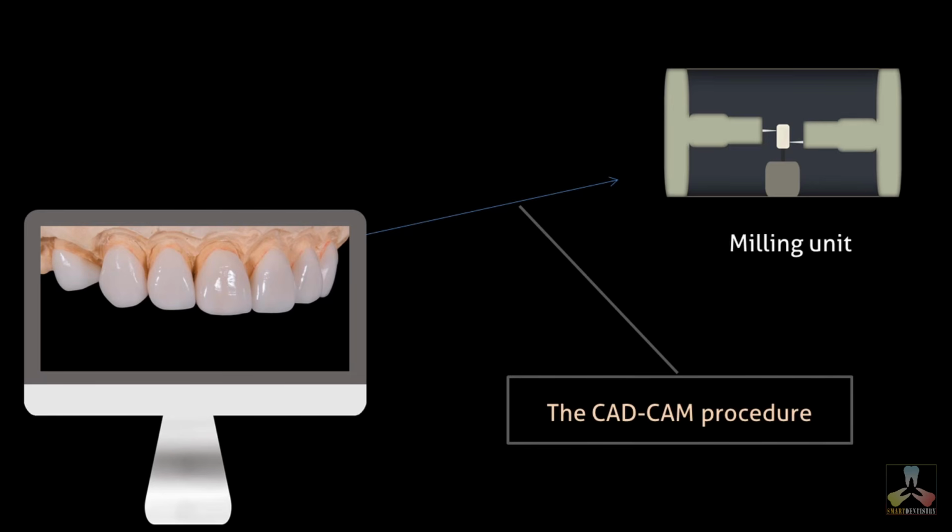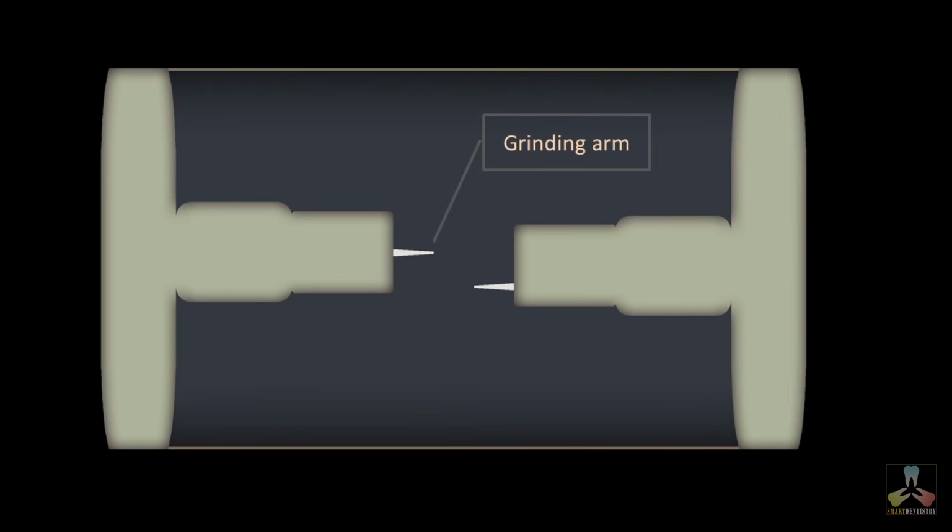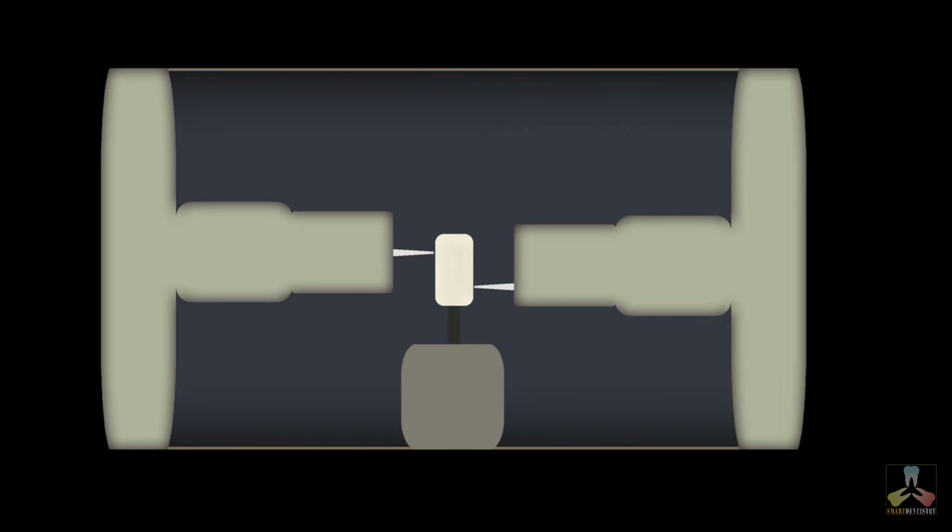The milling unit has a grinding arm mounted with a grinding tool which can move around in different axes to grind the restoration. The specified ceramic block is mounted in the milling unit. As per the information received from the computer, the milling unit will grind and make the restoration.